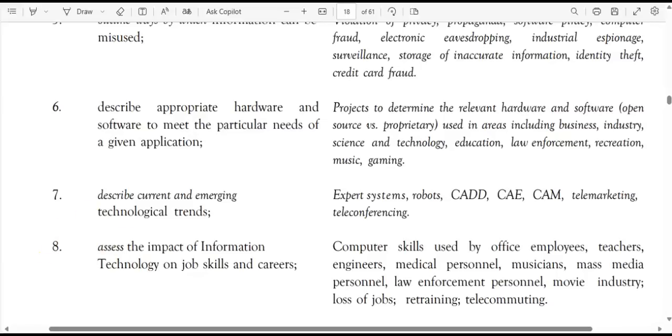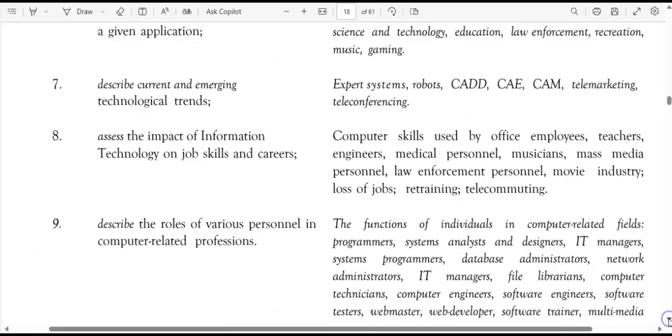All right. So now we're going to look at assessing the impact of information technology on job skills and careers. To answer these questions, we are going to look at computer skills used by office employees, teachers, engineers, medical personnel, and we're not going to go through all of them. We're just going to look at a few.